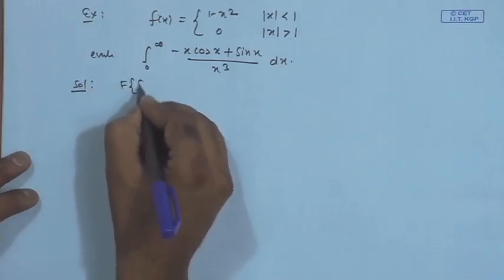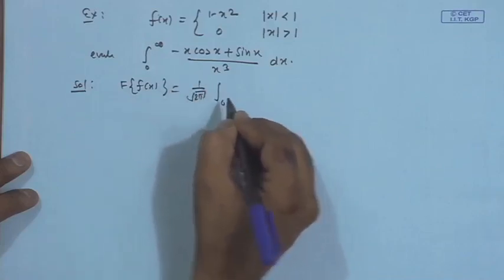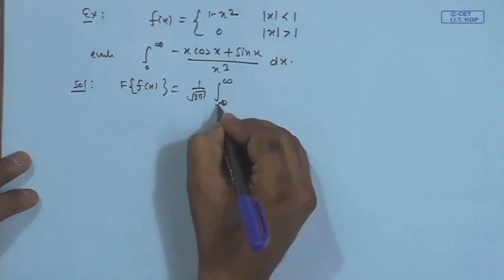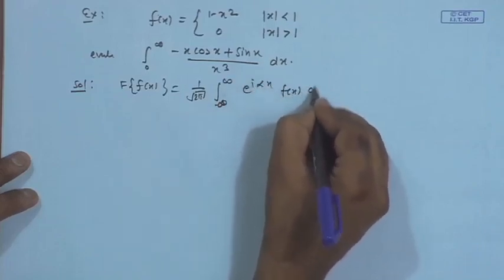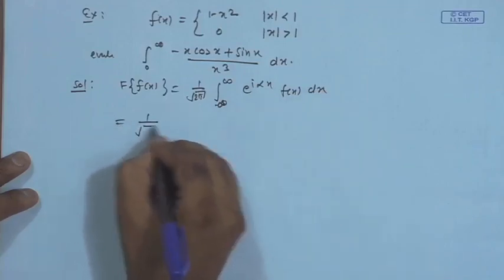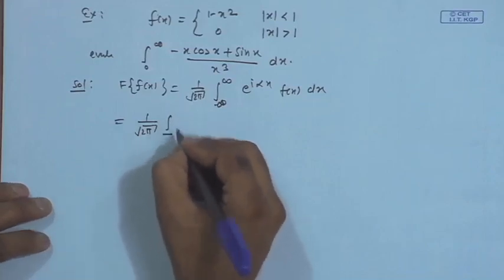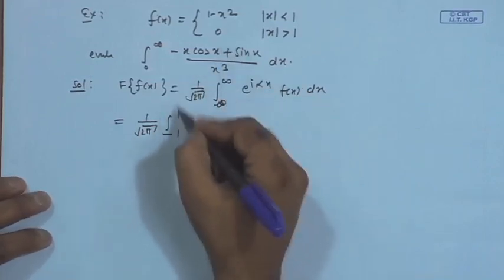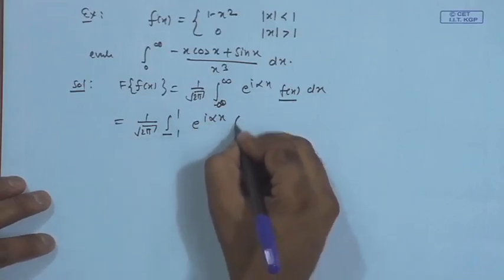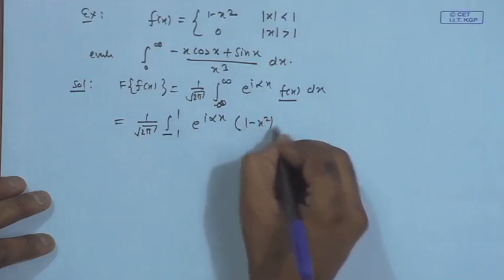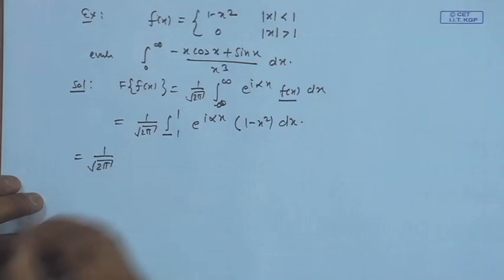So we take the Fourier transform of this f(x): 1 over square root 2 pi, integral from minus infinity to plus infinity of e to the i alpha x f(x) dx. So we have 1 over square root 2 pi, and from minus 1 to 1, because outside this the f(x) is 0, e to the i alpha x, and then 1 minus x square dx.